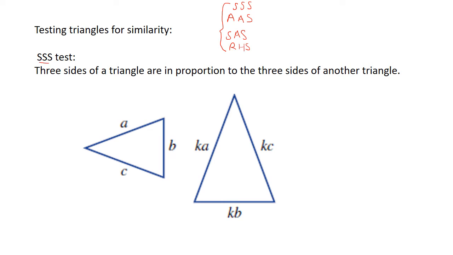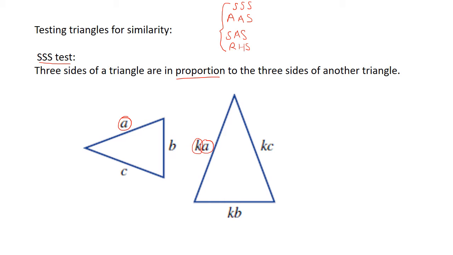So for our SSS test, again, we're looking at comparing the 3 sides, but this time we're seeing whether they are in proportion. So we compare side A, and the scale factor is K. So this side is K times larger.